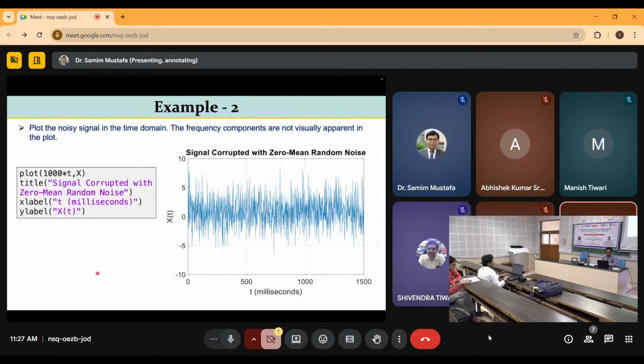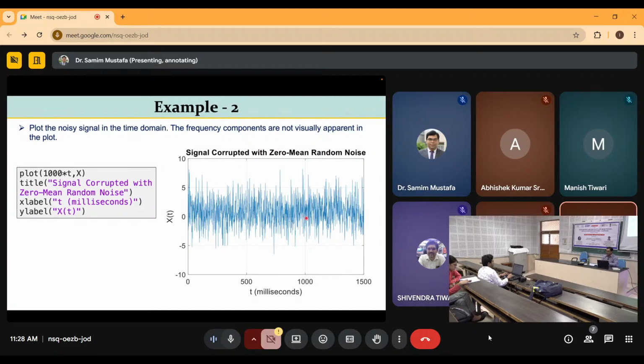so once you plot this, you see this is a signal which is corrupted by noise, but from the time series data we are not able to distinguish which one is the noise and which one is the actual signal. Is not it? So then you have to go to the frequency domain to check how the amplitude is distributed across the frequency.